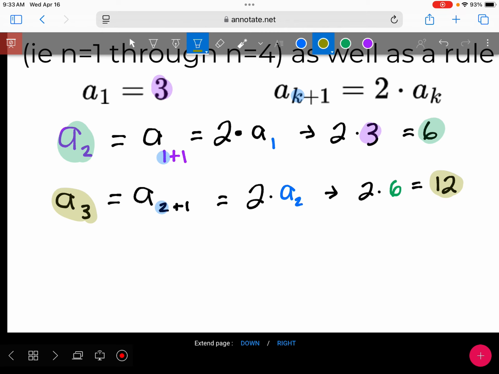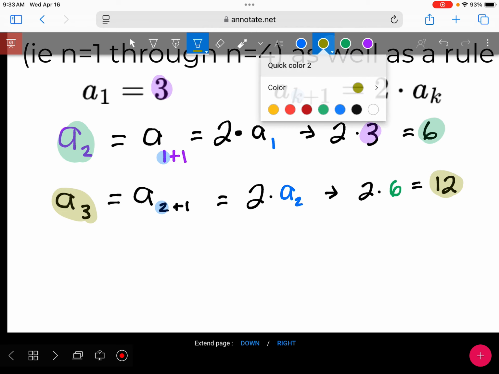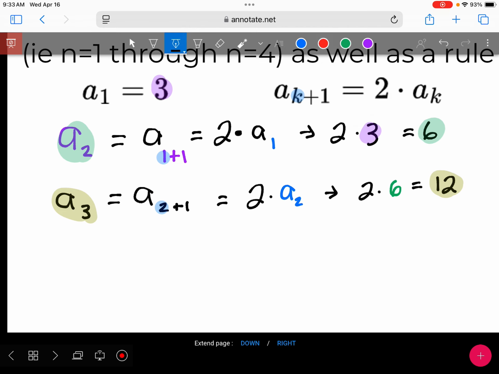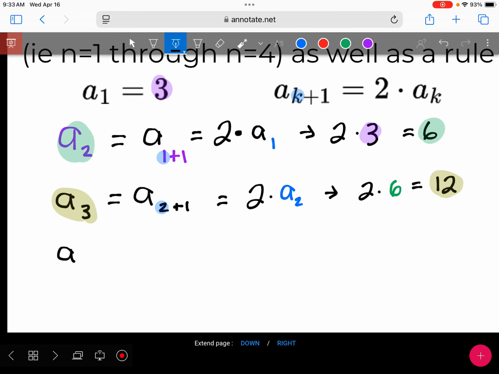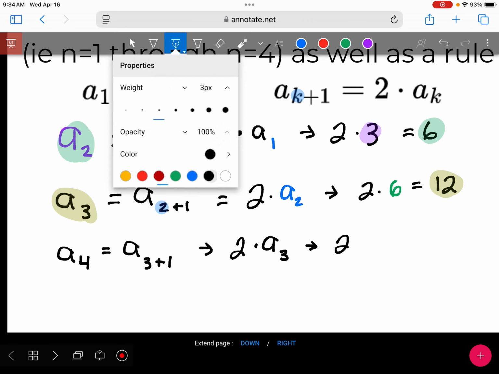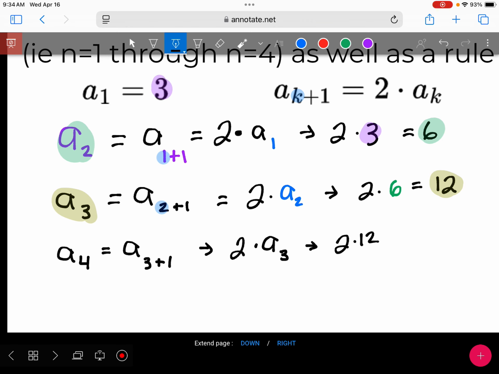So let's do one more term on here, and then we'll see if we can figure out what our pattern is and why we have this. So let's do a sub 4. Yep, 2 times our a sub 3, which is 2 times that 12, which is 24.